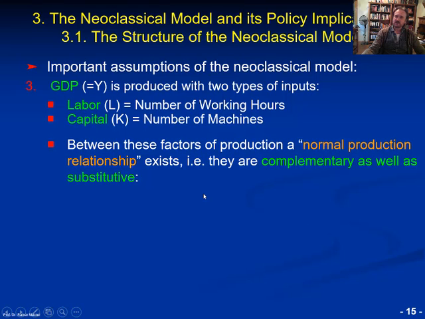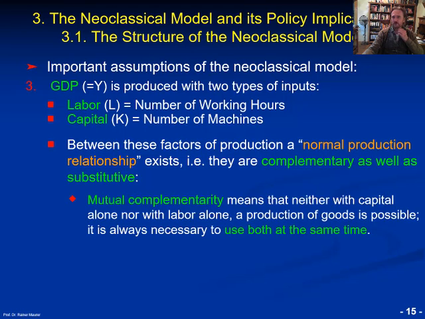Between these two production factors, a so-called normal production relationship exists. This means they are complementary as well as substitutive. Usual complementarity means that neither with capital alone nor with labor alone is a production of goods possible.